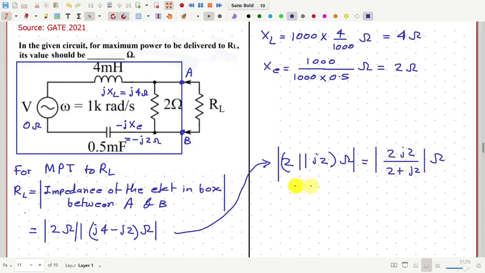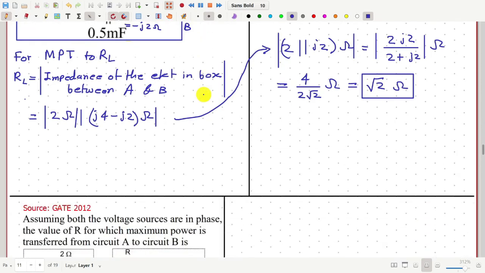So the magnitude is 4 by 2 root 2 ohm, which is equal to root 2 ohm. And this is the answer or the required value of RL to get maximum power in RL.